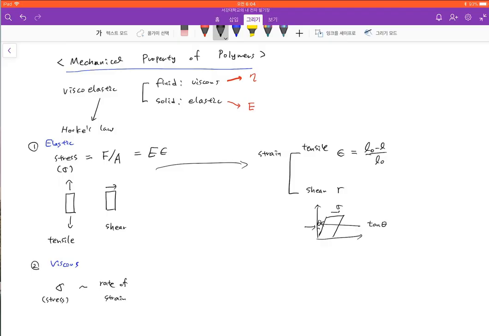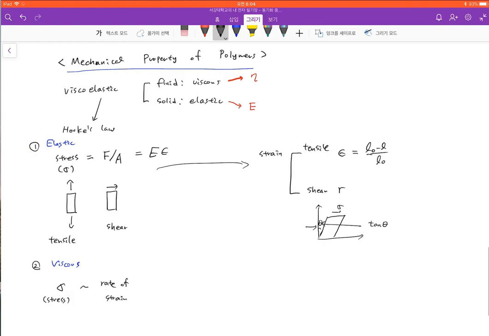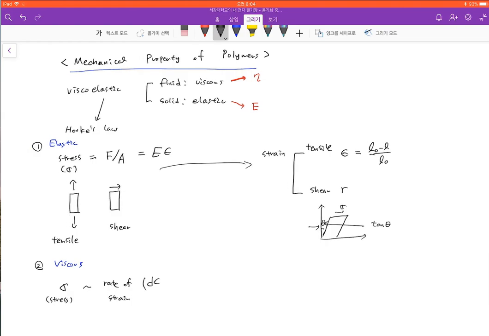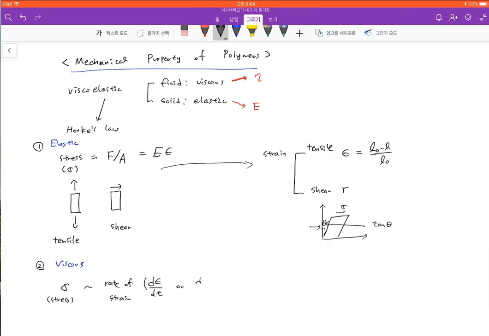If you remember, the stress is proportional to strain for elastic behavior, but stress is proportional to the rate of strain, or d epsilon over dt, which we denote as epsilon dot, the rate.